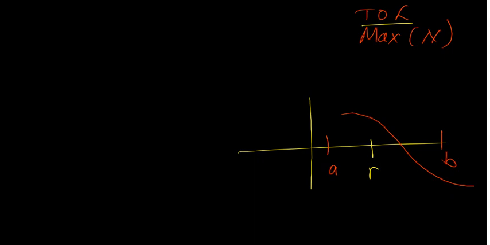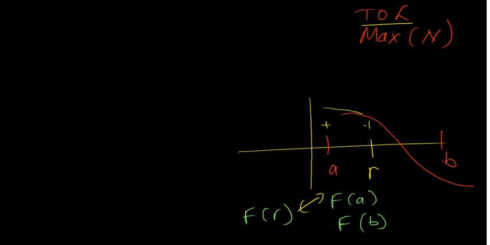So the basic idea is you're working with the function of A, the function of B, and then you'll be comparing that with the function of R. Whichever gives you a positive value when you multiply tells you that they're on the same side. The function of R is positive in this case because the function is somewhere above the x-axis, and A is also above, so these are going to give you a positive value. What do you do in such a case?